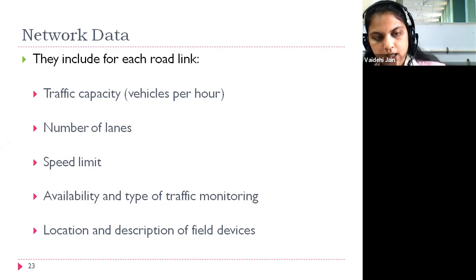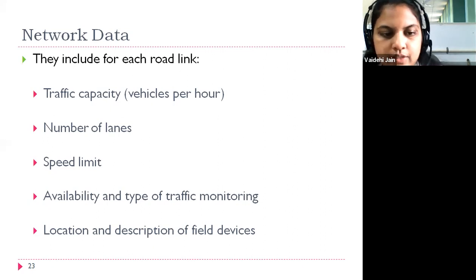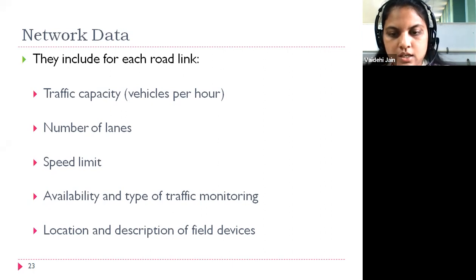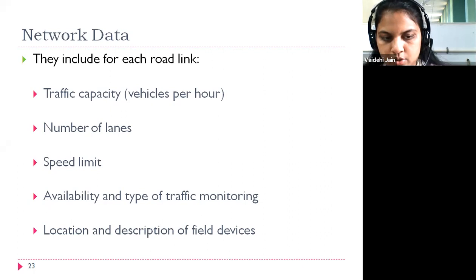Fine. Another data is the availability and type of traffic monitoring. How the traffic is currently monitored on that road is required. That data is required to implement another traffic monitoring system or any other solution for traffic monitoring over that stretch.